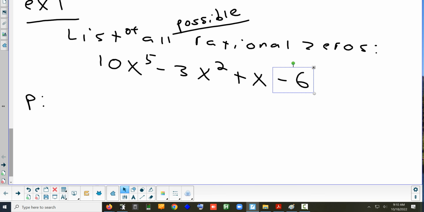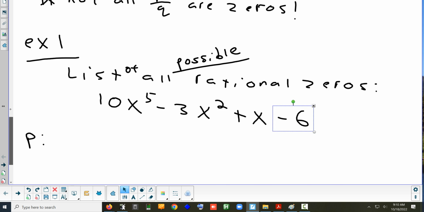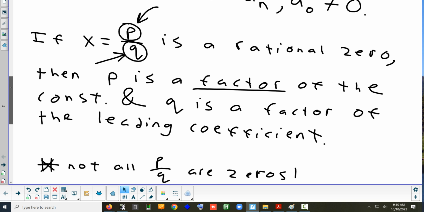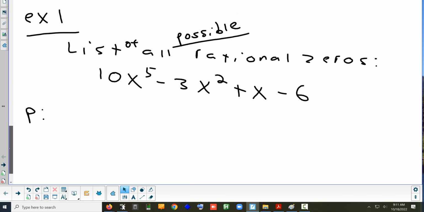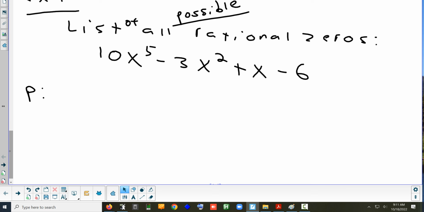Negative 6 is the constant. It's the term that cannot change no matter what you fill in for x. Negative 6 is always negative 6. So I need to know all the factors of negative 6. So what are all the numbers that divide into negative 6? 1, 2, 3, and 6.